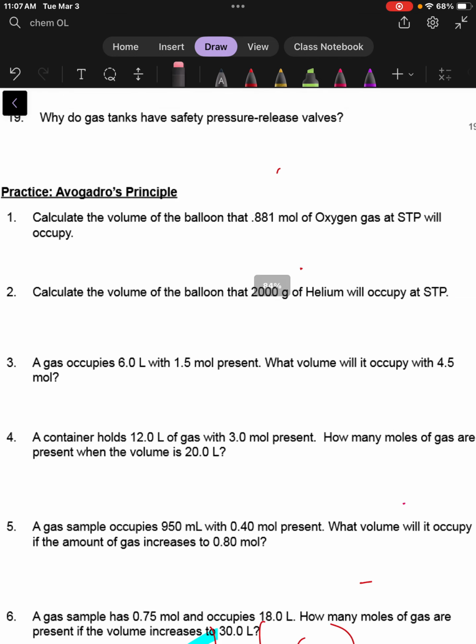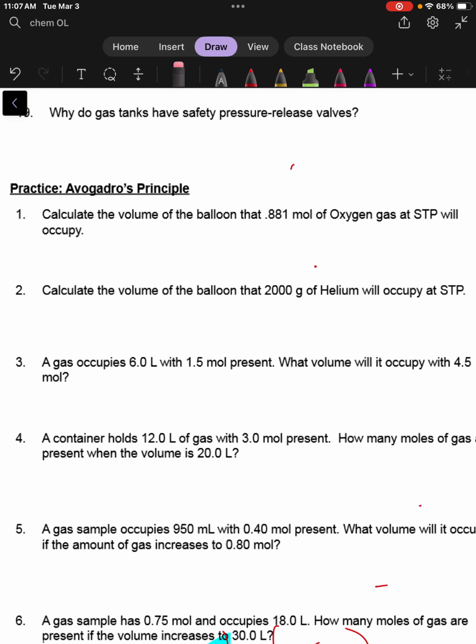Okay, so the first question is on page number 20. It says calculate the volume of the balloon. So we are going to find the volume of a balloon which has 0.881 moles of oxygen gas at STP.